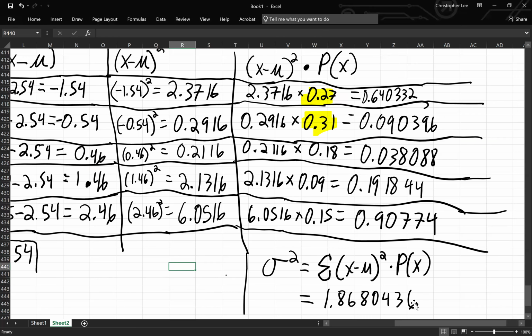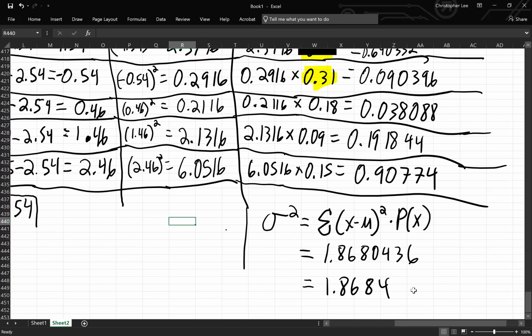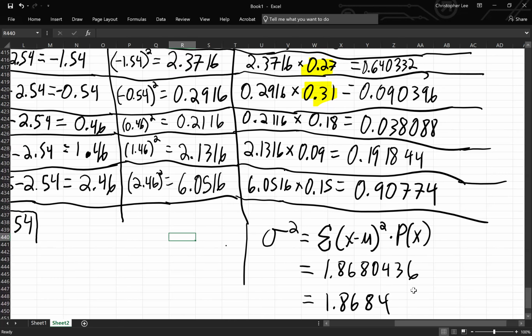Okay. Everybody else got that? What you got? 1.86884. Okay. That's fine. Should give you the same answer regardless. Just don't round off the numbers and then add them. Add straight. Add what you see there. And that's it. Anybody else did it?